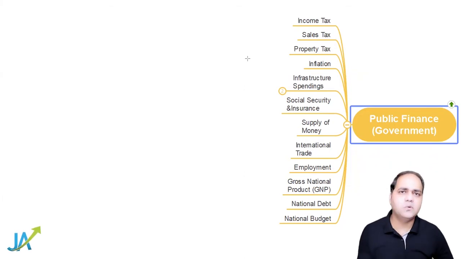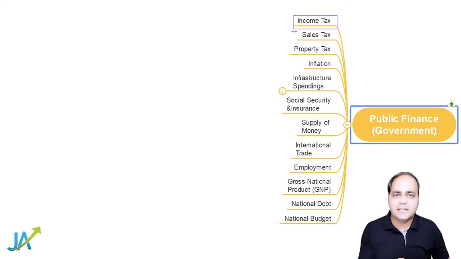The commonly known items under this category include the income tax. It is a kind of direct tax which is imposed upon citizens on their income.